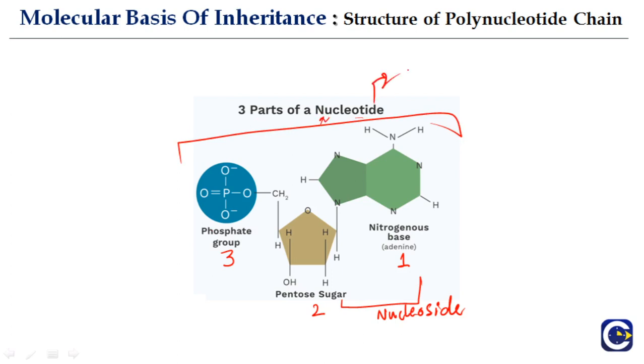So nucleotide is again nucleoside plus phosphate. Okay, it is very important to remember. And then when it is just the nitrogenous base, it is called adenine. Nucleoside, what is it called? Adenosine. And nucleotide is adenylic acid.